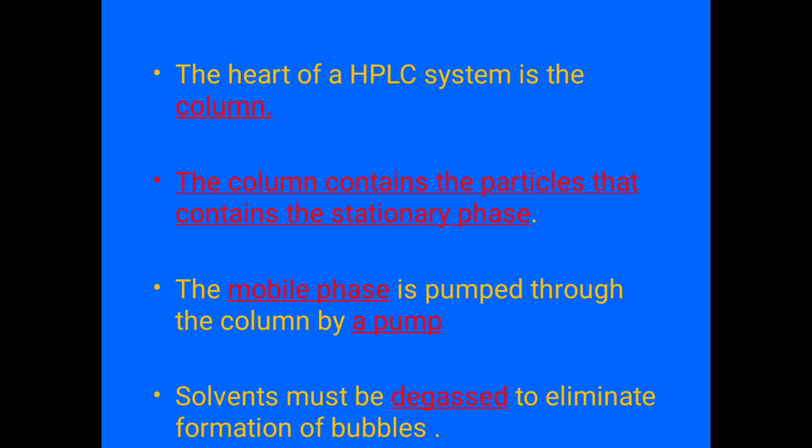The heart of the HPLC system is the column. The column contains the particles that contain the stationary phase. The mobile phase is pumped through the column by the pump. Solvents must be degassed to eliminate formation of bubbles.